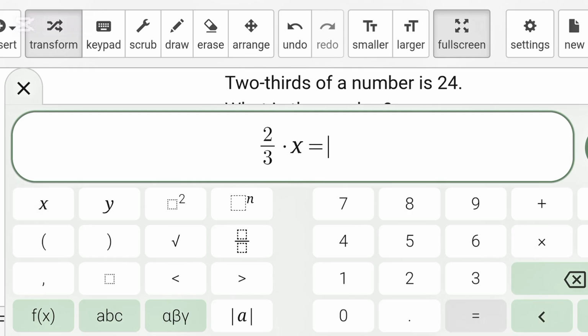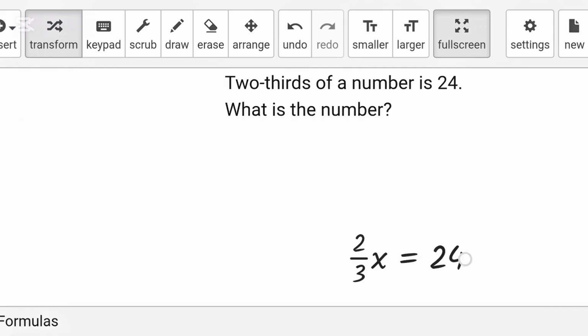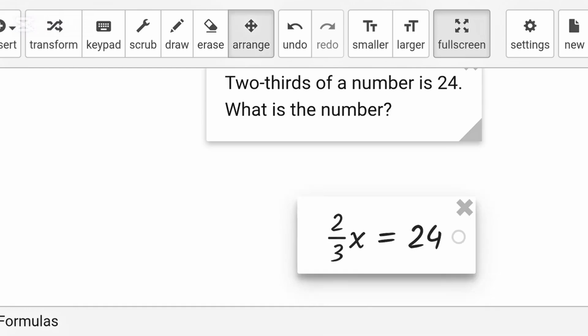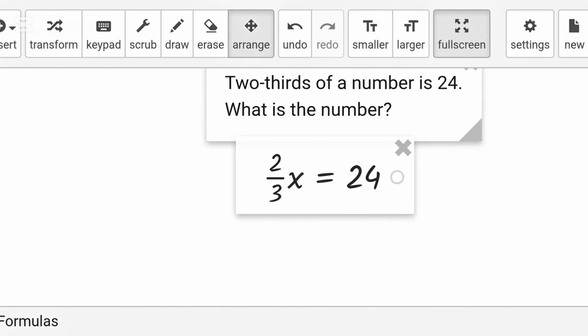I will say that is what? 24. So is is the same thing as equal to. Mastering these keywords will help them transition from word problems to math statements. And if a child can get this part, I think they've moved a huge step towards the answer. So this is one of the most important things to do.